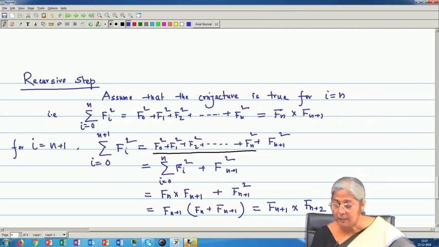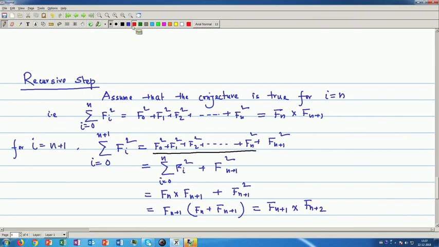Here we use the recursive definition of the Fibonacci sequence, and we use the principle of mathematical induction.